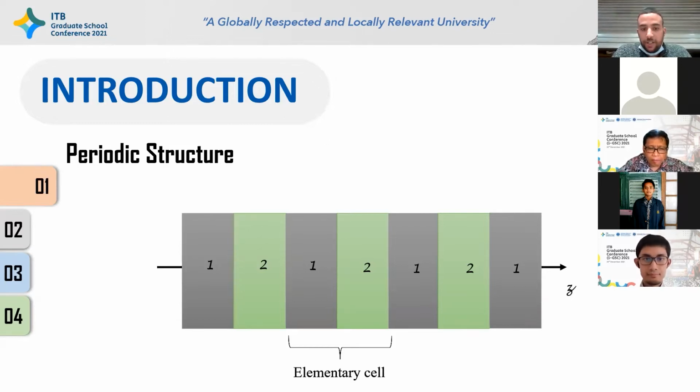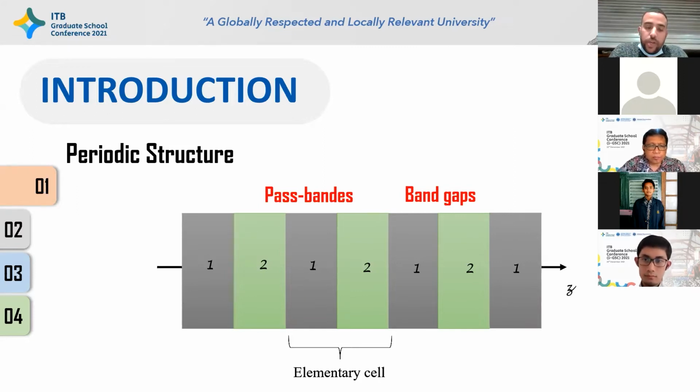The main characteristic of these structures is the appearance of what we call band gaps and pass bands. The pass bands are regions of frequencies where the acoustic waves can propagate, while the band gaps are regions of frequencies where the waves or the sound can be reflected.